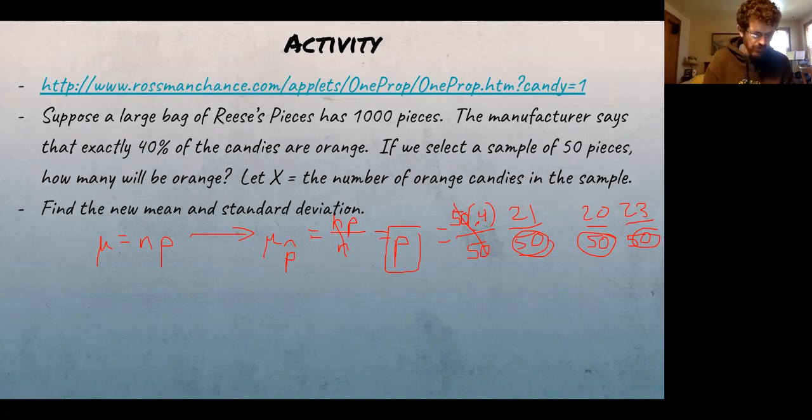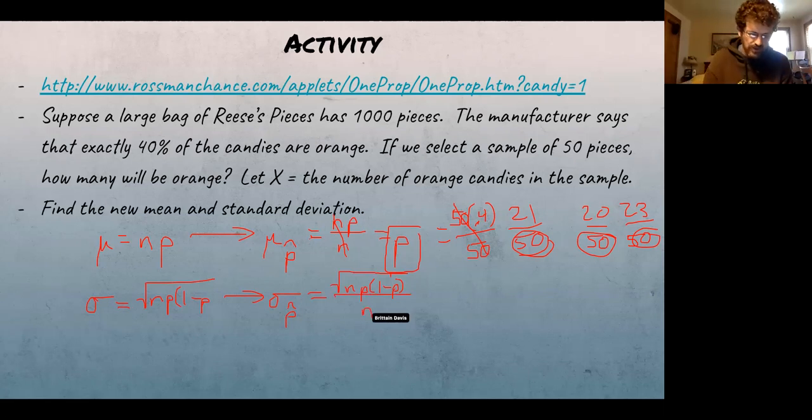The standard deviation is the formula that was the square root of n times p times 1 minus p. Now, for the standard deviation of our sampling distribution of proportions, we wanted to take that and rescale it by dividing by n.